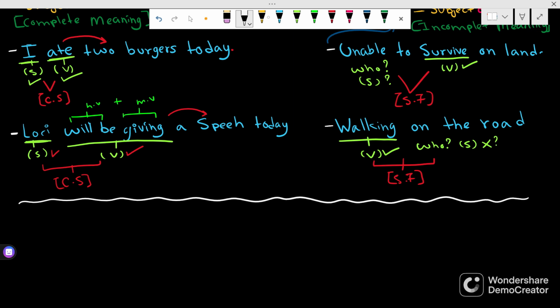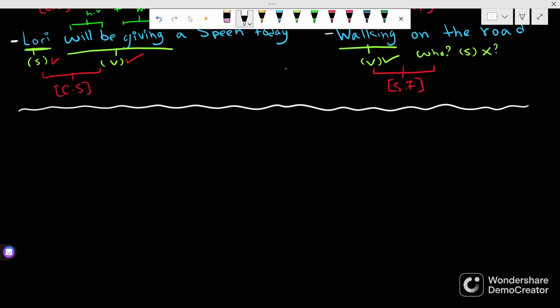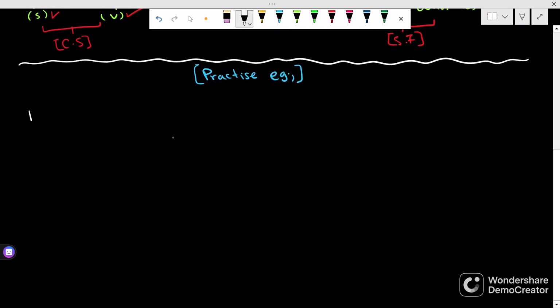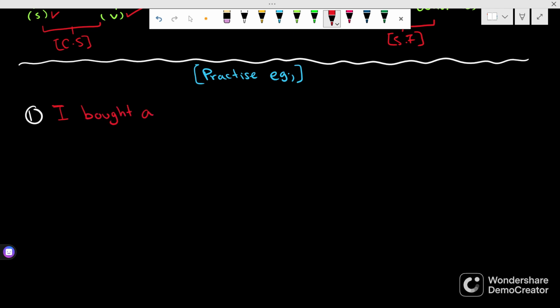In these examples, you need to identify the subject, the verb, and whether it's a complete sentence or a sentence fragment. The first one: I bought a car today.